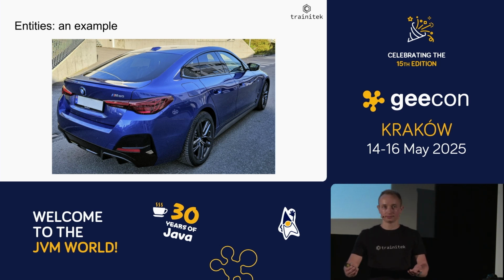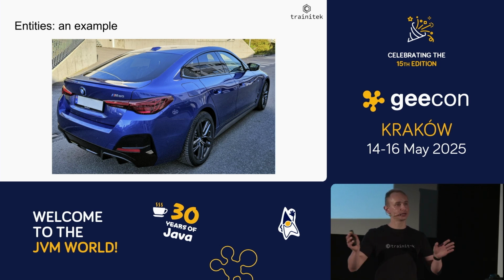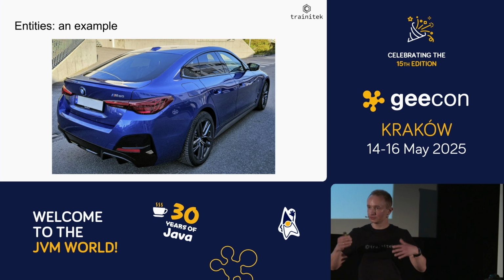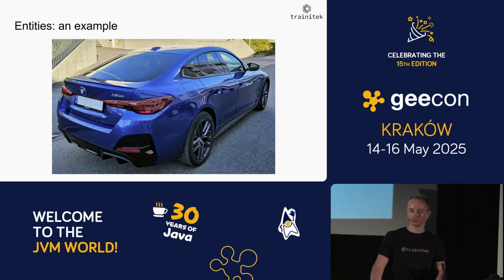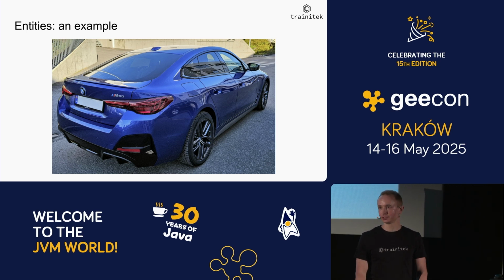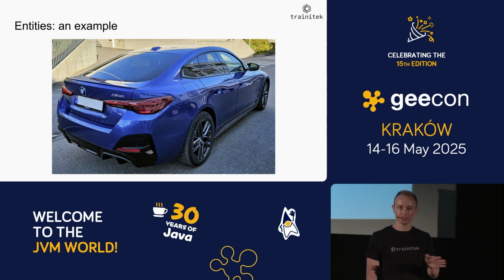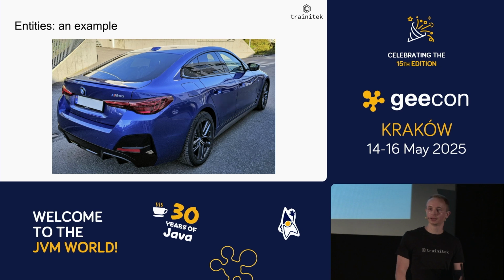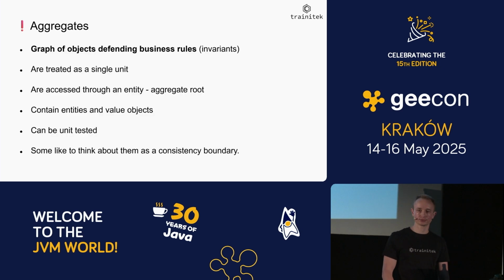And can we say that this is the same car, or will those cars be different? Those will be different, yes, because they have an identity. They have a VIN number, right? Even if all the properties, all the specs are the same. So those are entities, all right? They have identity, but the properties may have exactly the same values.